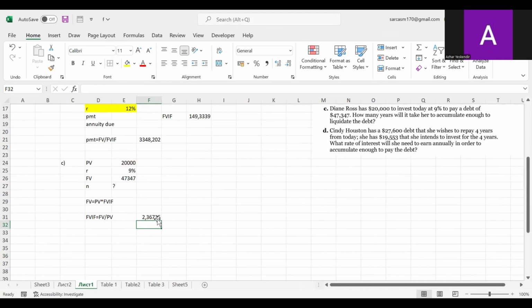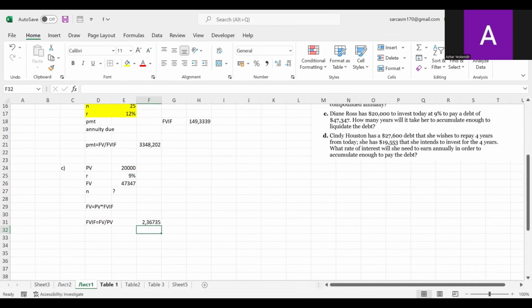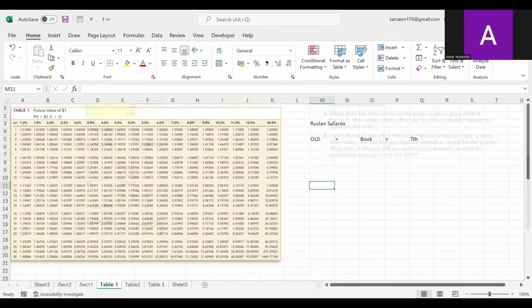What we can do is look at table 1. As we already know the interest rate, we can find the number of years easily. Let me show you how I'll do this. We open table 1, future value of $1. Interest rate is 9%.